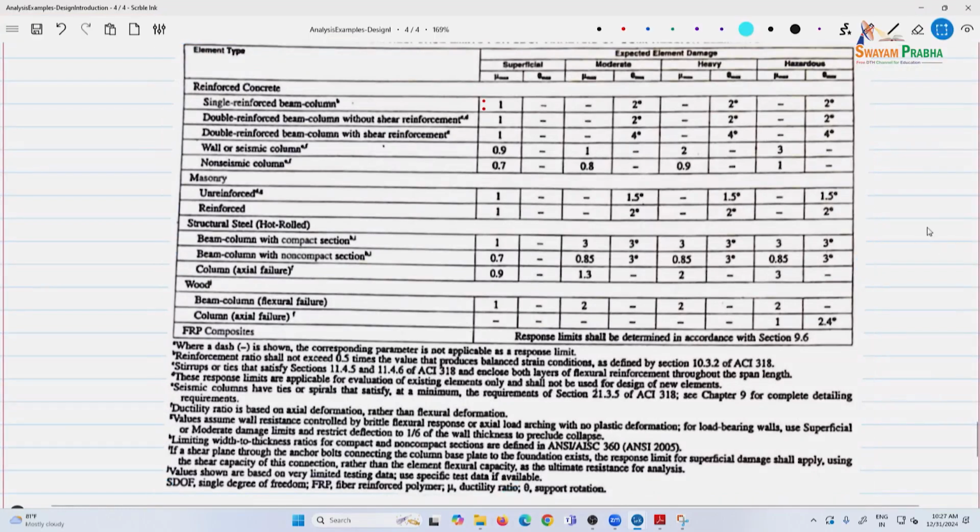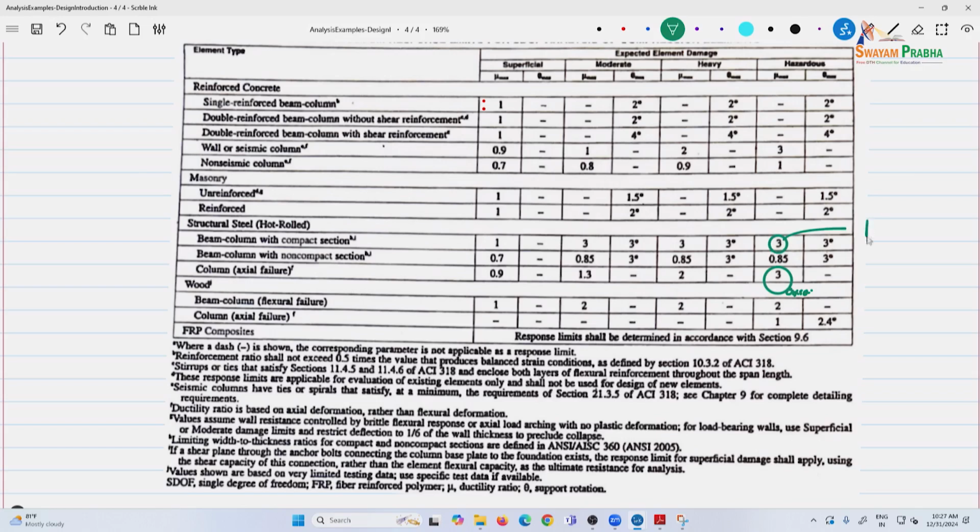Okay. So here if you see beam column with axial failure, it is in terms of mu max. So hazardous conditions, column, it's axial failure. So this is axial, then beam column with compact section, again non-compact section.